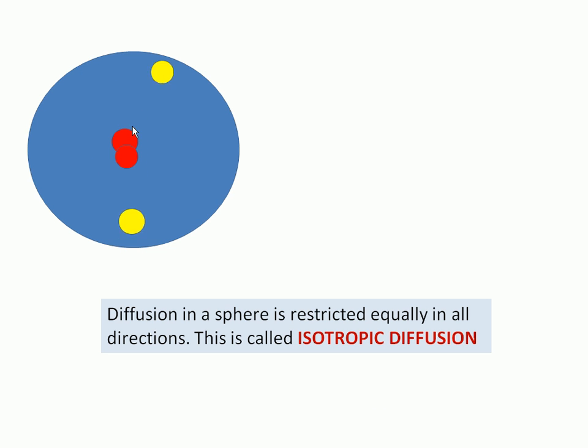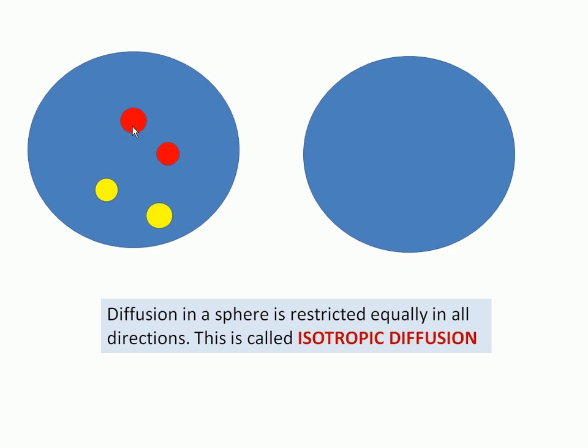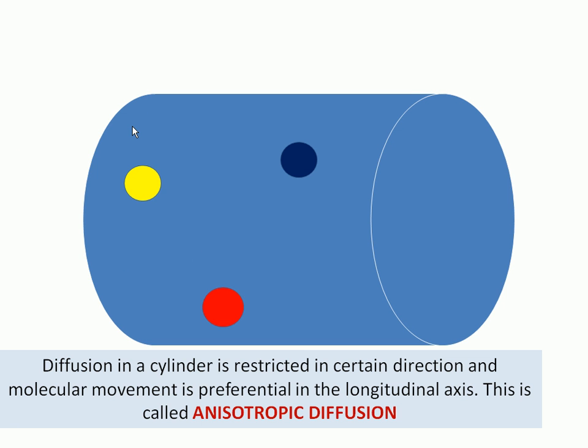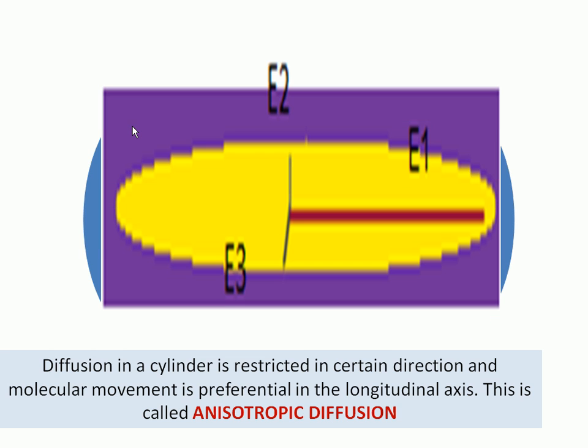If it is a sphere, the particles move in all directions, and the movement on all axes is the same if you take it from the center, so it is called isotropic diffusion. But if the cavity or the content is a cylinder, then you will find that the molecular movement is preferential in the longitudinal axis, and that is called anisotropic diffusion.